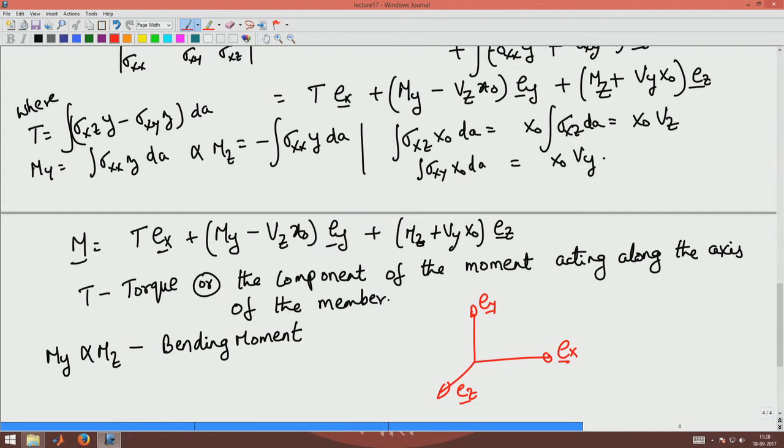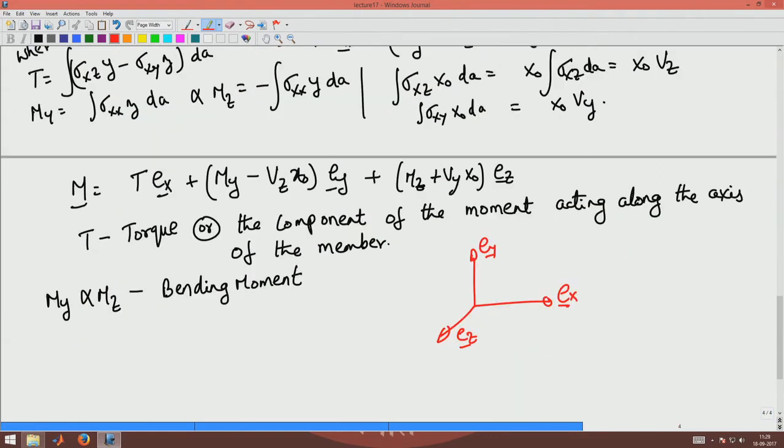You can see the bending moments are dependent upon sigma xx with the corresponding lever arm being either y or z. So, the normal stress sigma xx is the cause for both bending moment along y and bending moment along z directions.